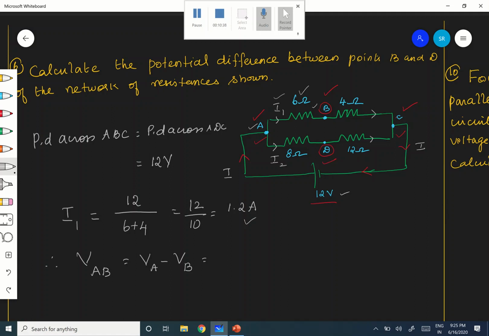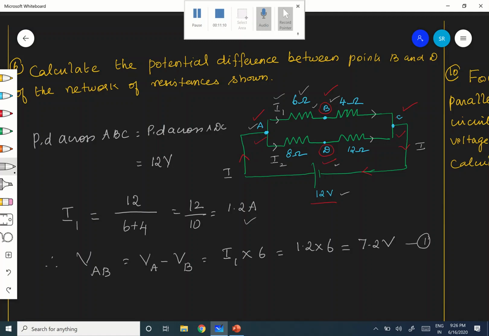V is equal to IR, so it is I1 into 6, which is 1.2 into 6, that is 7.2 volt. Hope you are following. Our job is to find the potential difference between B and D, and for that VAB is ready.